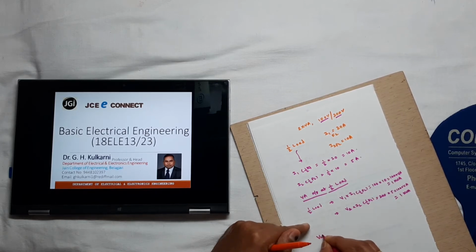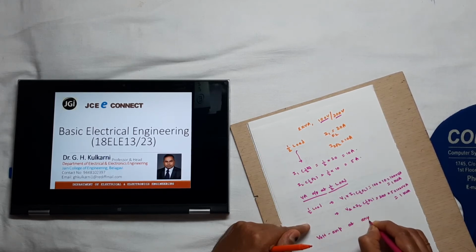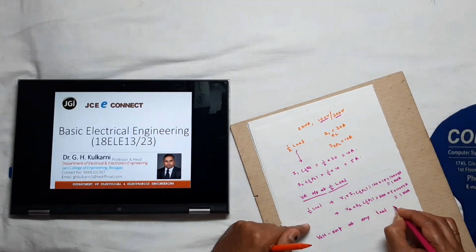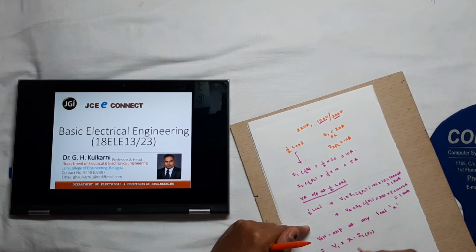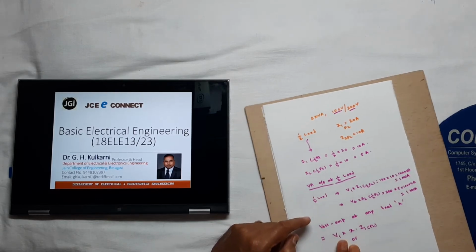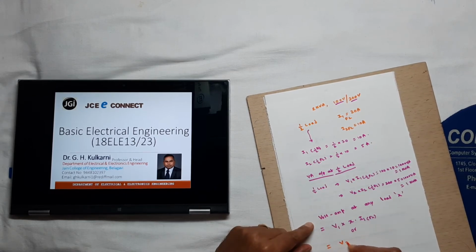The volt ampere at any load X is equal to V1 into X times I1 full load, or it is V2 into X times I2 full load.